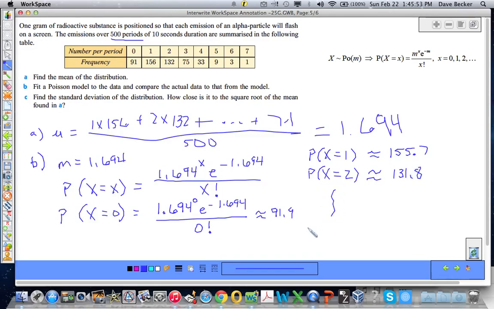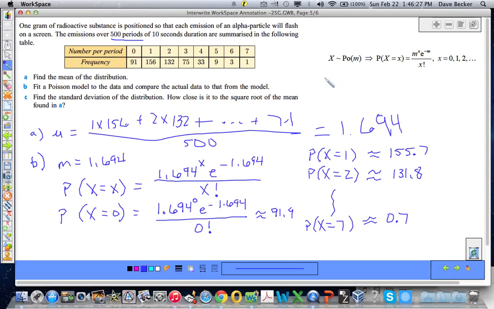And so on, all the way to the probability that the random variable x equals 7, which is approximately equal to 0.7. I'm not going to do all of them. You get the picture, right? And so the comparison: 155.7 to an actual occurrence of 156, pretty close. For 2, 131.8, pretty close. 0.7, pretty close and decent enough to use for an estimation.